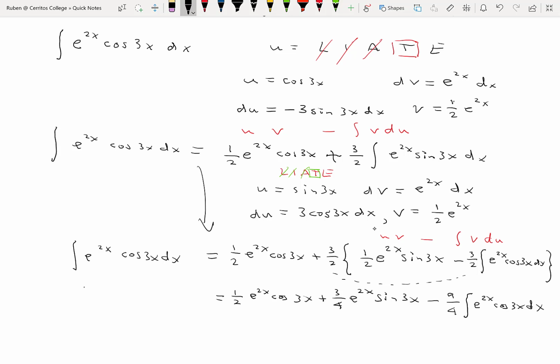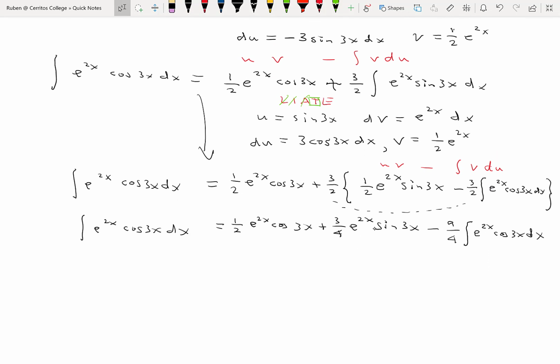Okay, and that's my original integral, e to the 2x cosine 3x. When you're looking for the integral, isolate the integral. Solve for the integral. Bring the 9/4 integral of e to the 2x cosine 3x to the other side. Literally, just add it to both sides.